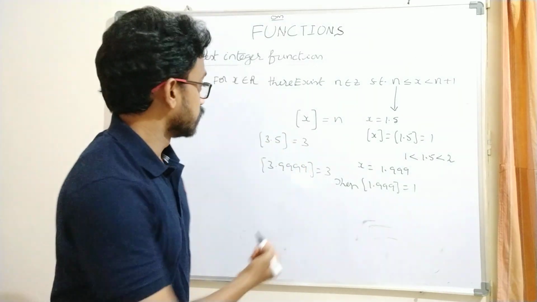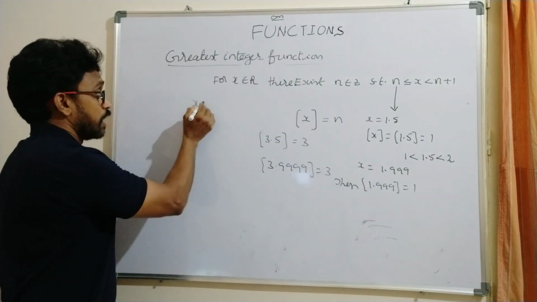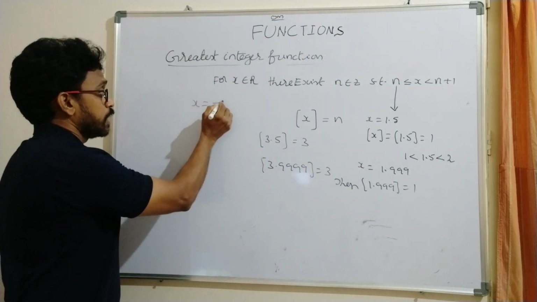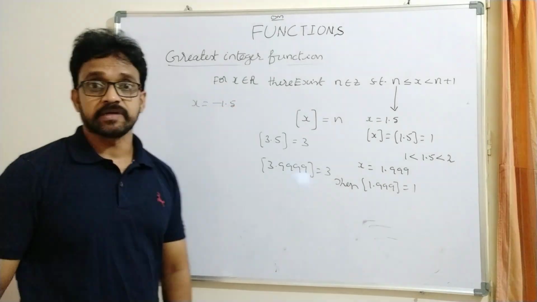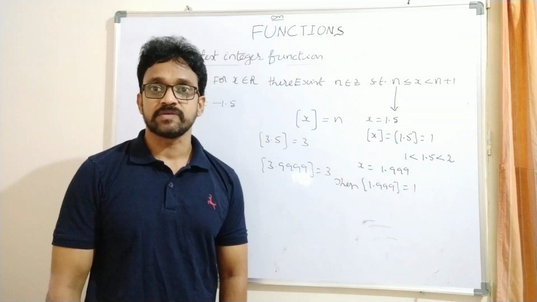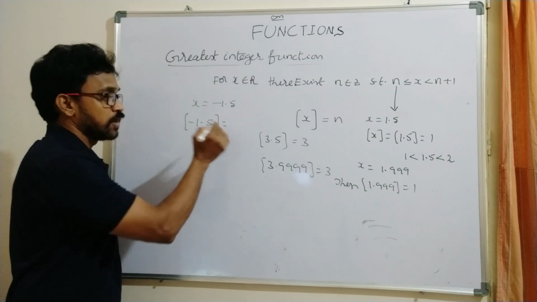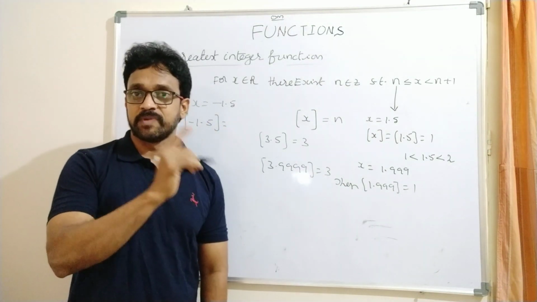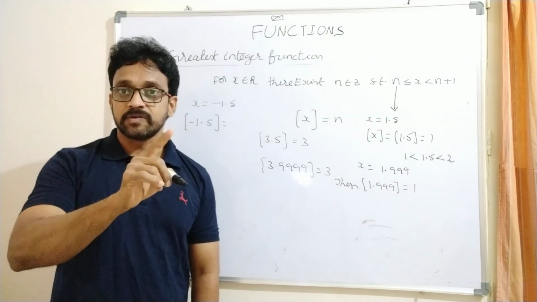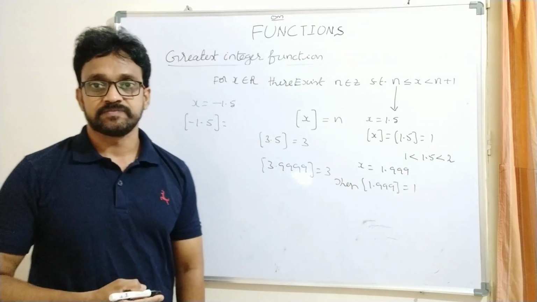Now I go for a negative number, one more observed here. I take x is equal to minus 1.5. What about step minus 1.5? Now we observe the given number lies between two consecutive integers. What are they?